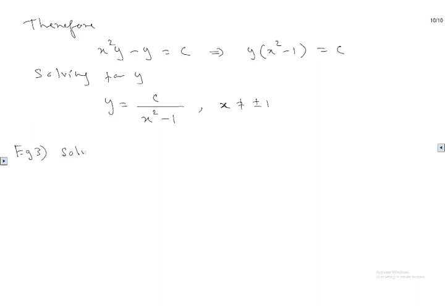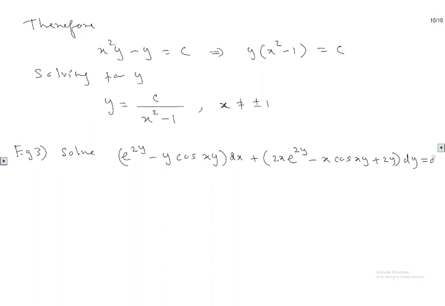Solve 3e to the 2y minus y cosine xy dx plus 2x e to the 2y minus x cosine xy plus 2y dy equals 0.